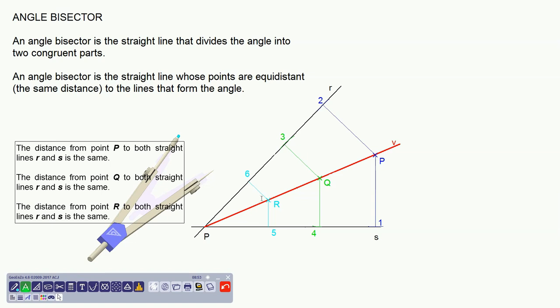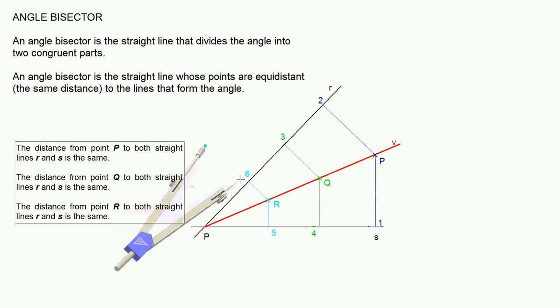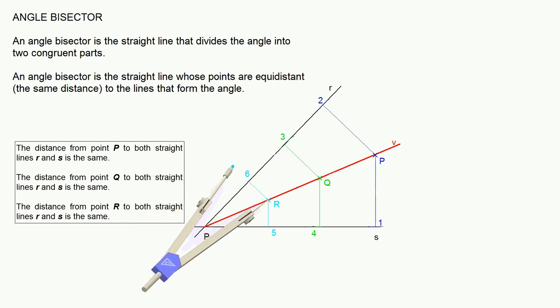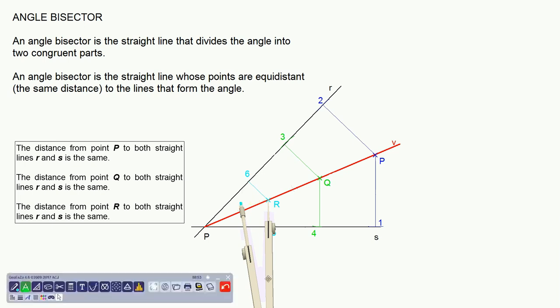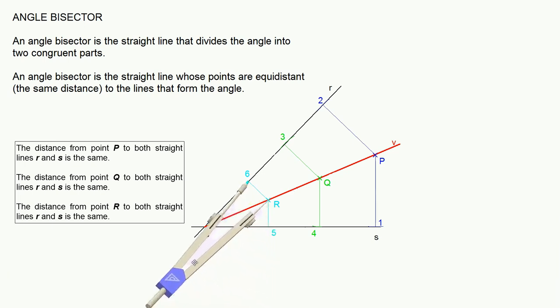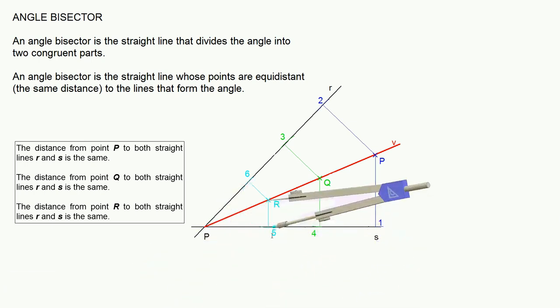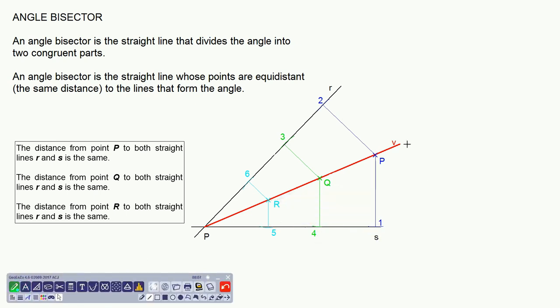And the distance from point R to point 5 on straight line S and point 6 on straight line R will be the same. So, as you can see, it doesn't matter which point we choose on the angle bisector of an angle, because every point on the angle bisector is the same distance to the lines that form the angle.